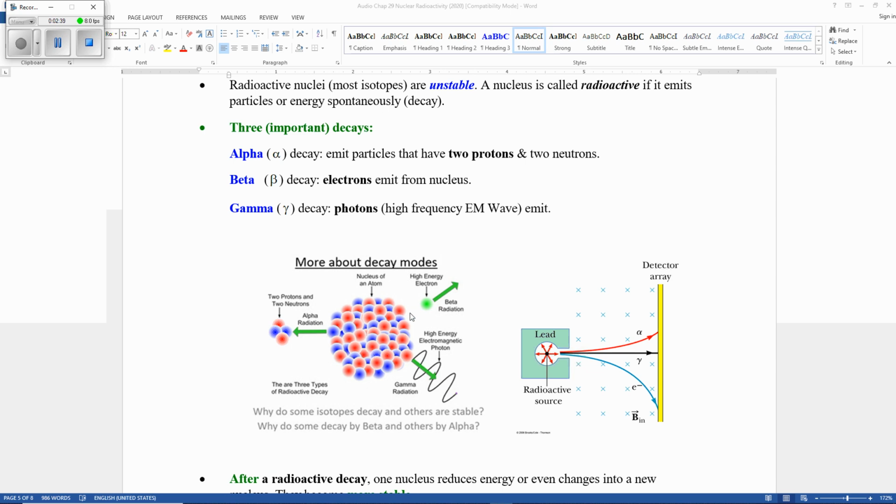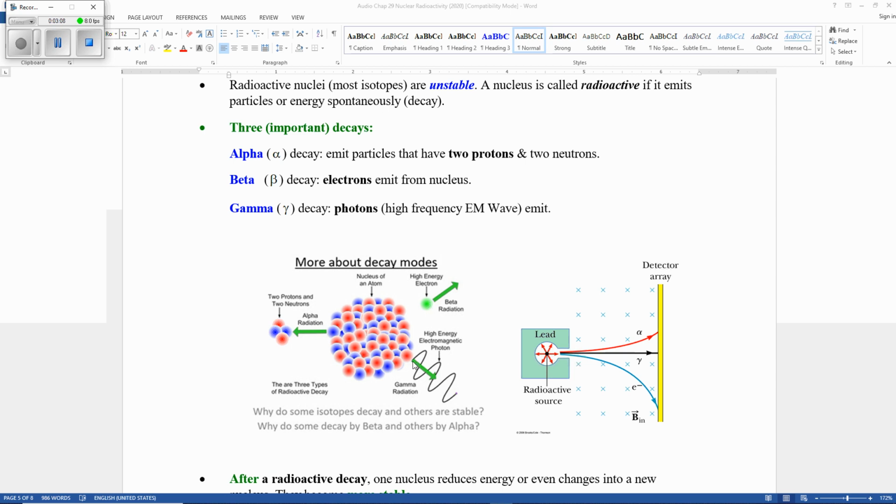What happened is a neutron changed to a proton. The neutron has no charge, and when it changes to a proton the positive charge increases, so you need to have a negative charge. This electron usually has higher energy. So the alpha particle, 2 protons and 2 neutrons, has positive charge, and beta decay gives you beta particles, which have negative charge.